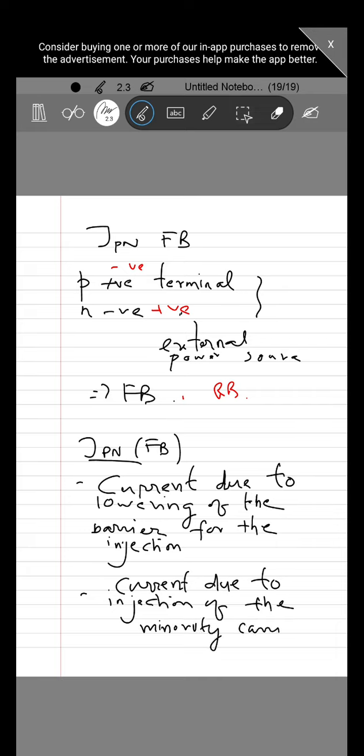So these are the two types of current flowing through a p-n junction: one current is due to lowering of the barrier, while the other current is due to injection of the minority carriers.